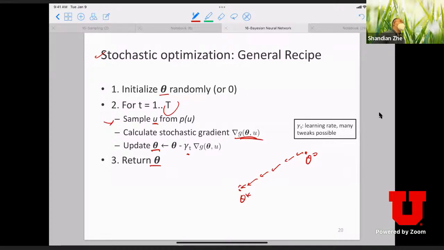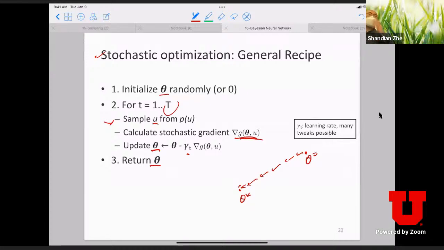More rigorously speaking, if you draw the contour of your objective function, the step is always perpendicular to the contour. It's called steepest descent. But anyway, if you apply the exact gradient descent, it gives you quite a straightforward path toward the optimum.